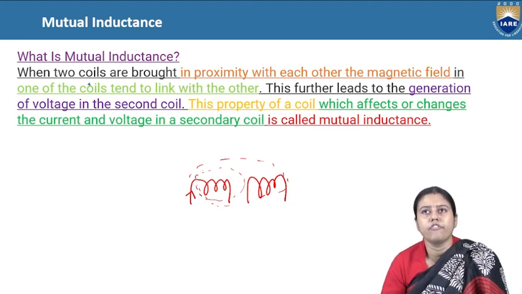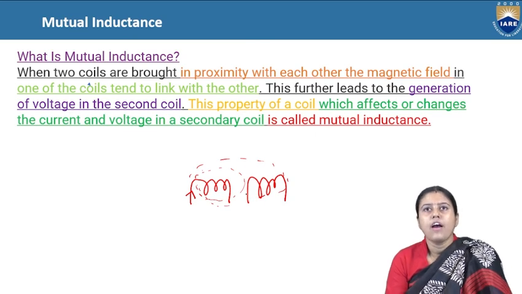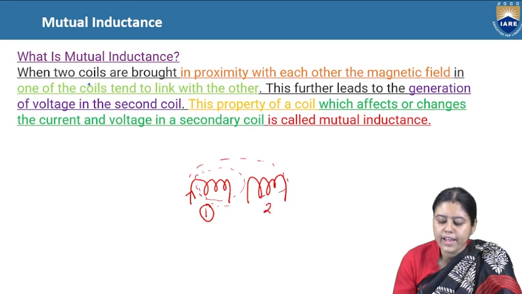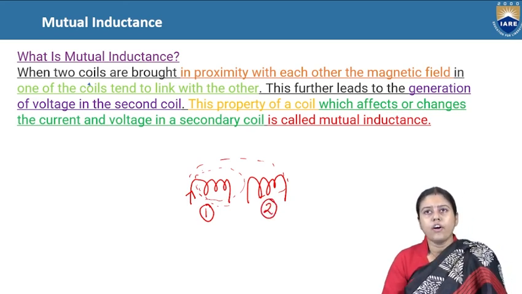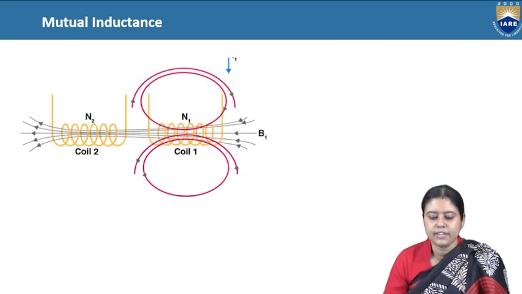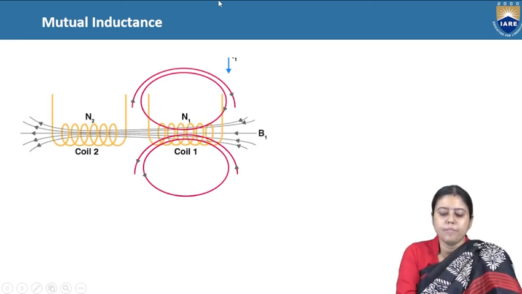If this is the primary and this is the secondary, and it affects the secondary coil, we can tell this is the mutual inductance. You can directly get this from this example.